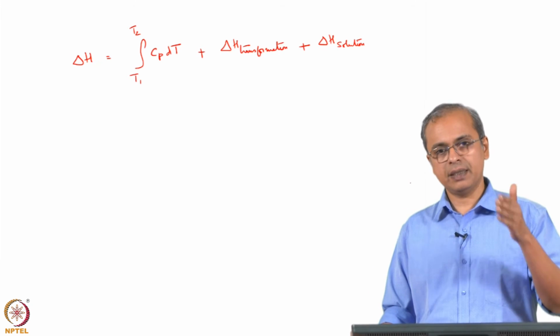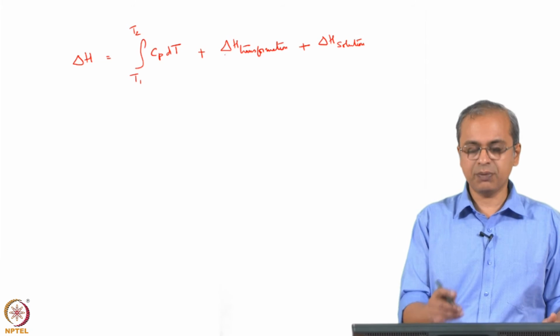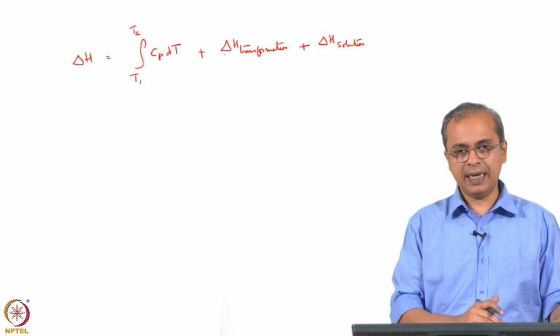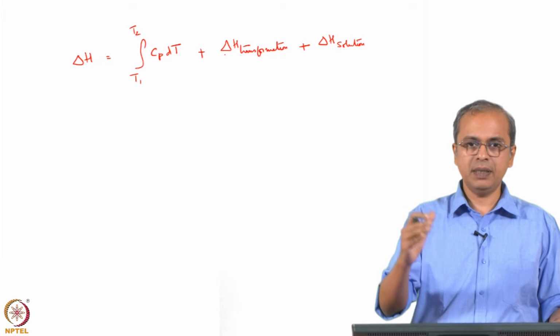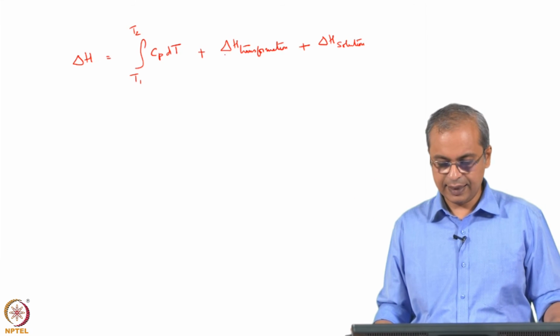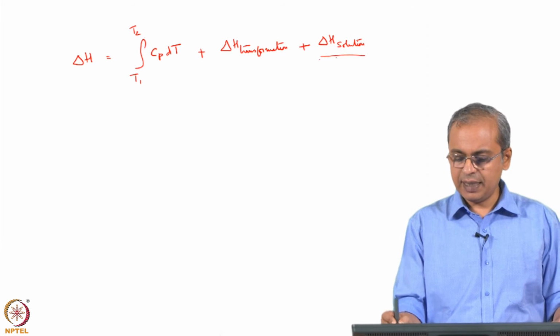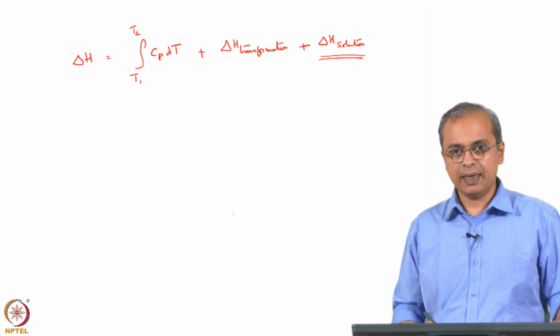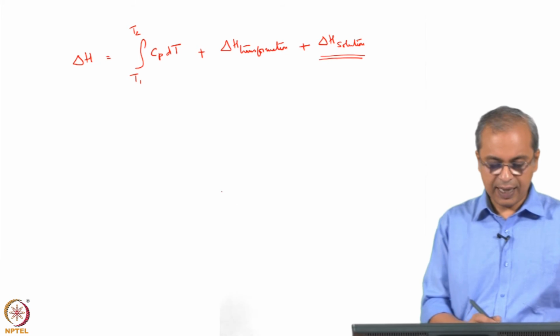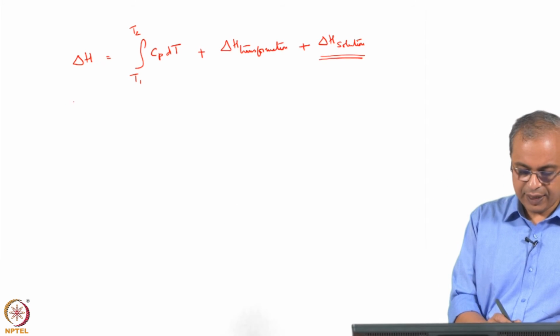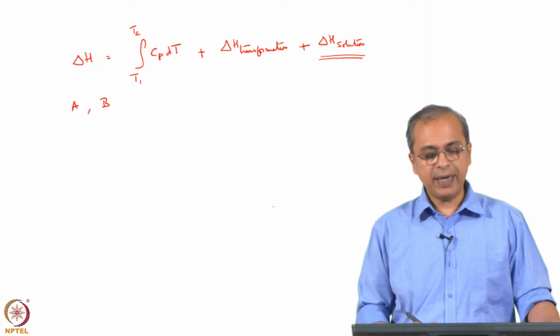If there is a transformation and the Cp changes, then you will have T1 to Tr with the first Cp and then Tr to T2 with the second Cp. The nice thing about doing this is that if you have this delta H solution separately for a phase A and for a phase B, then you can find out for a transformation.